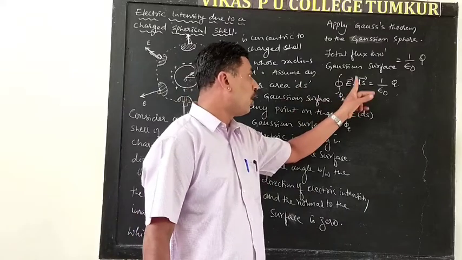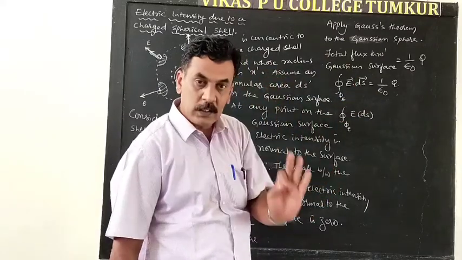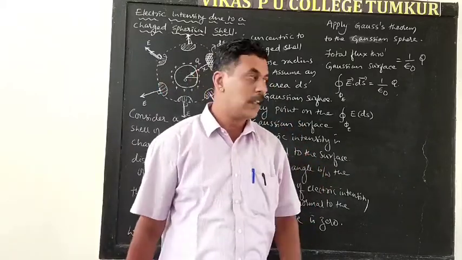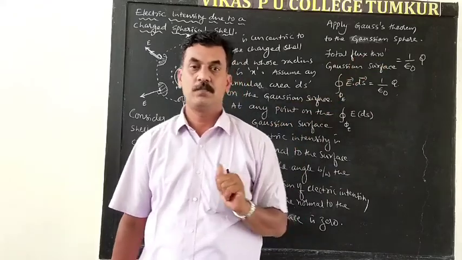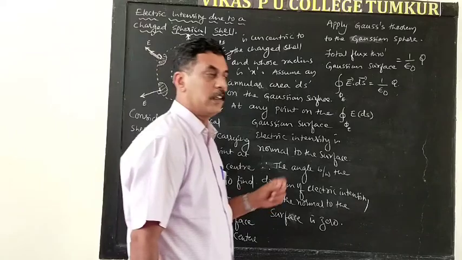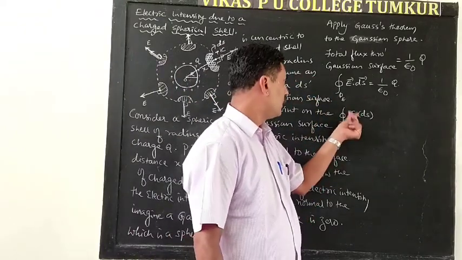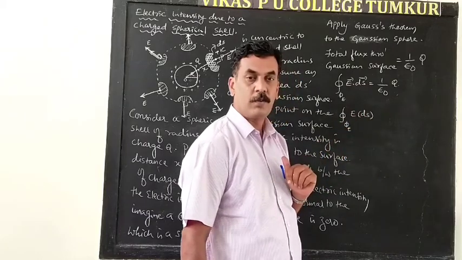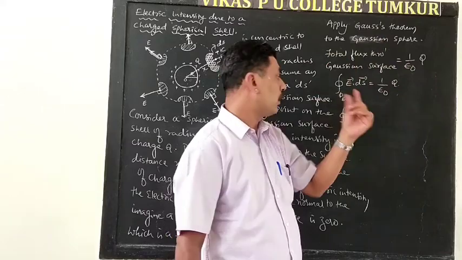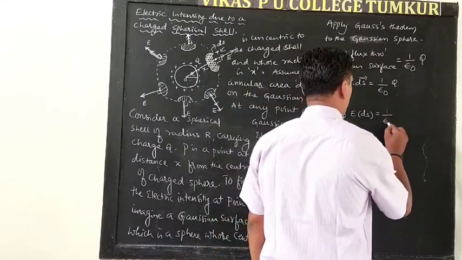E dot ds, so E ds the magnitude, times the cosine of the angle between E and ds. Theta is 0, so cos 0 will be 1. So this reduces to the product of E and ds. Cos theta reduces to 1 and therefore only this much remains. This is 1 by epsilon naught q.